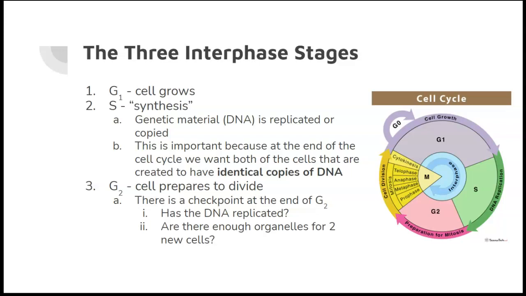I'm going to double check all of your work and make sure that it's correct. At this checkpoint, there are proteins involved that check if the DNA replicated properly and if there are enough organelles for 2 new cells. So to make sure that everything that was supposed to happen actually happens. And then if that all goes to plan, the cell can actually begin to divide.